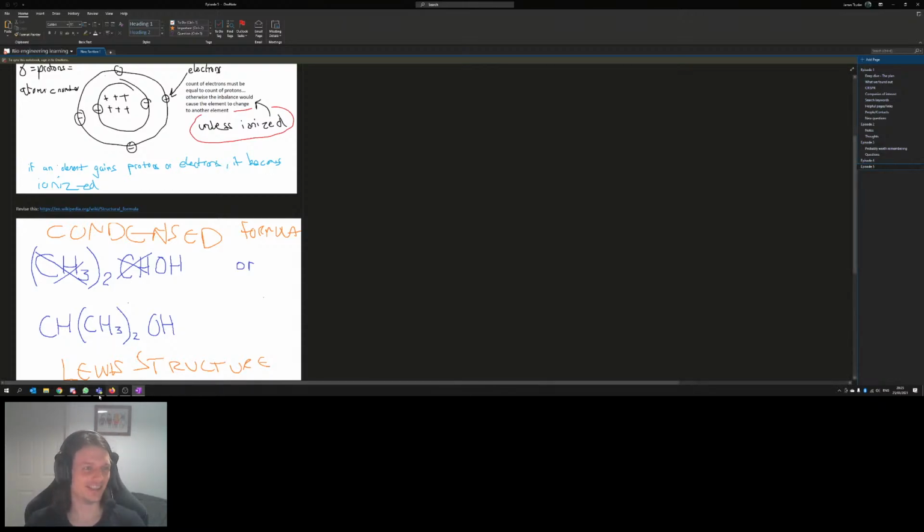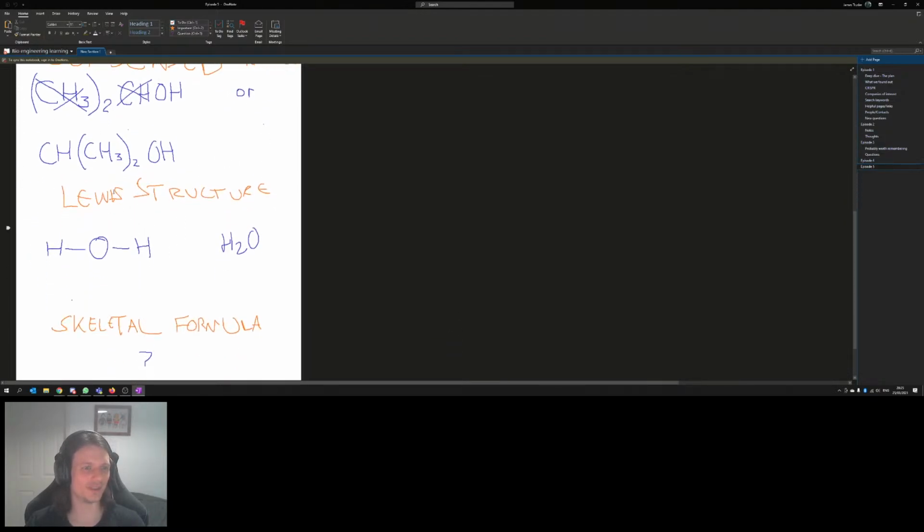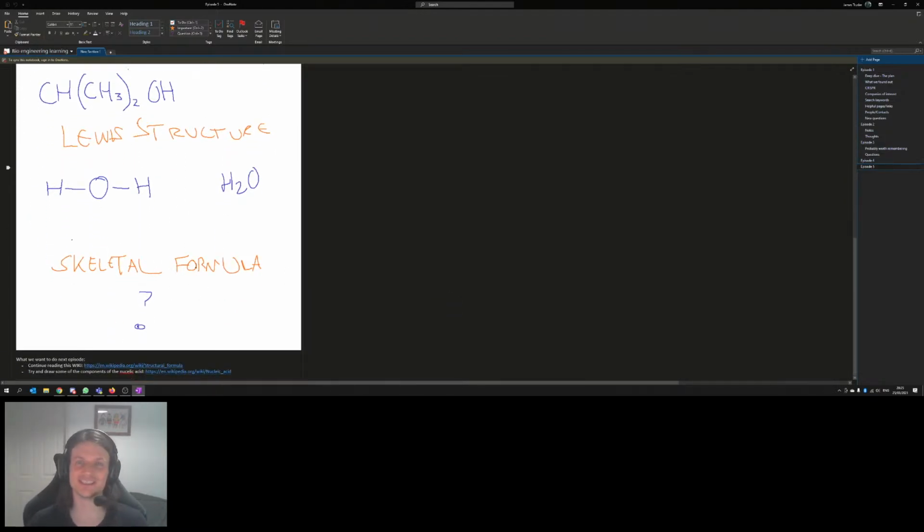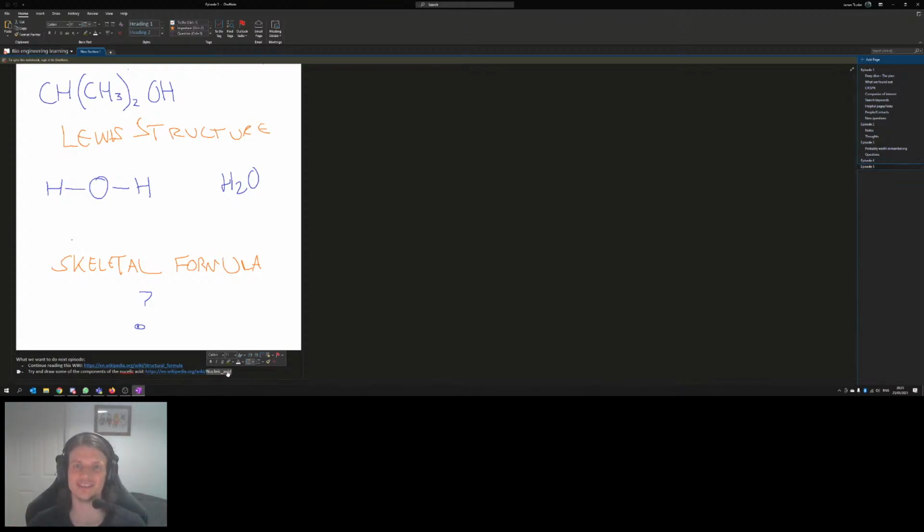I think I covered condensed formulas, Lewis structure, skeletal formulas, so I'll go back through those. This is all in an aim to understand how to draw the chemical formulas myself, and I'm going to practice on the nucleic acid, which is the DNA bonds.